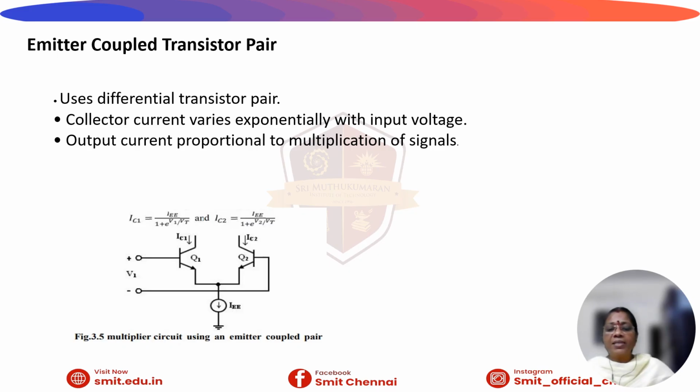Similarly, if the base current varies proportionally with the second input voltage, the circuit will act as the analog multiplier. Because it operates in a non-saturated region, it is used for building ultra-fast digital logic gates and clock distribution circuits.